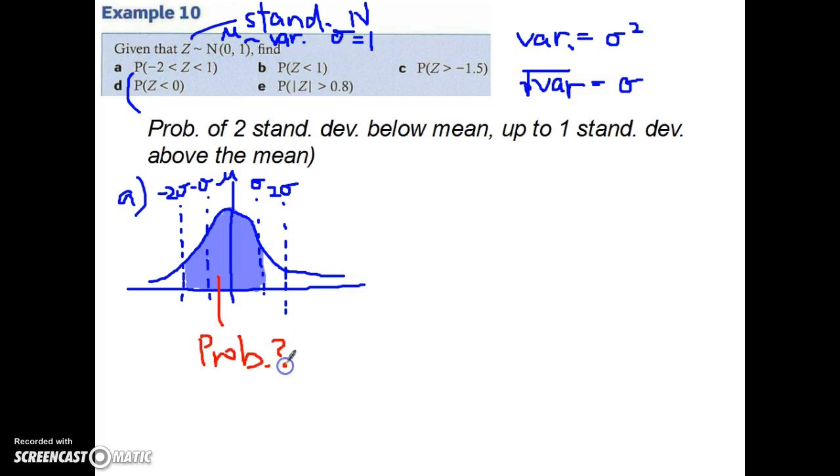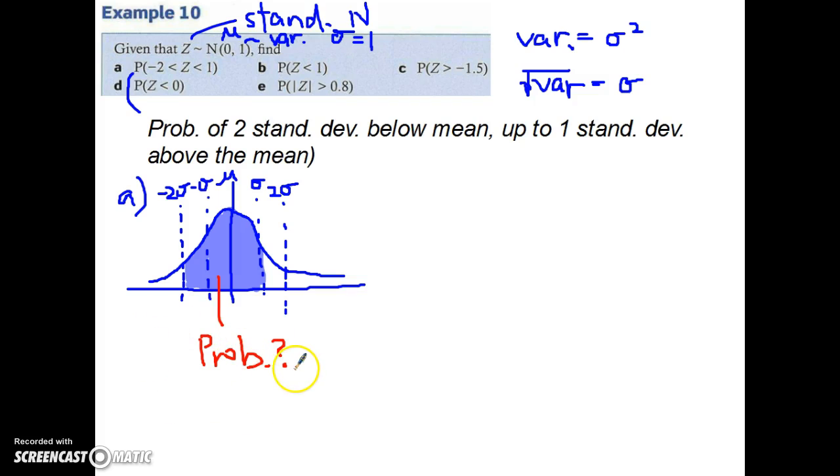As I mentioned to you guys in class several times, we should always try to understand the concept or the context of the question. If you're not sure, always do a quick sketch. It took me 30 seconds to draw this, and I'm sure you guys can do a better job than I can. This is what they're asking us.